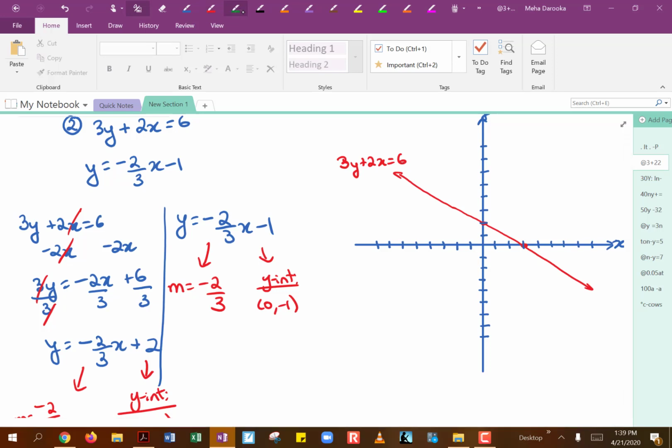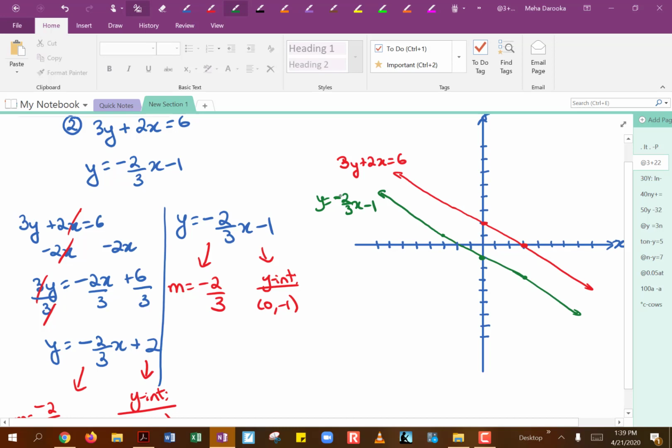Now for our second one, our y-intercept is at 0, negative 1, and we are going down by 2 and going right by 3, or you can go up by 2 and go left 3. So let's see what this line will come out looking like. Okay, so this is our line for the second graph, which is y equals minus 2/3 x minus 1.